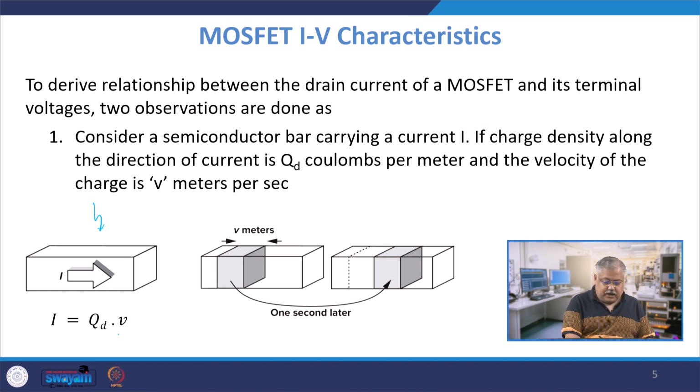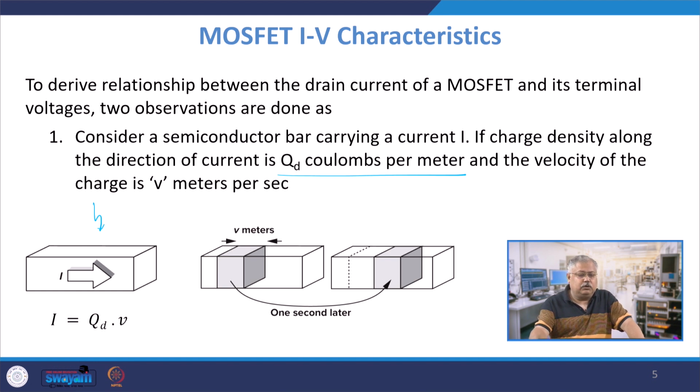And what we are assuming is that the charge density within the bar is QD coulombs per meter, like one block consists of QD coulombs of charge, and the velocity is V, then we can say current is QD into V. Why QD into V? It is because the very basic definition of current is the number of charge carriers moving per unit area per unit time, right?